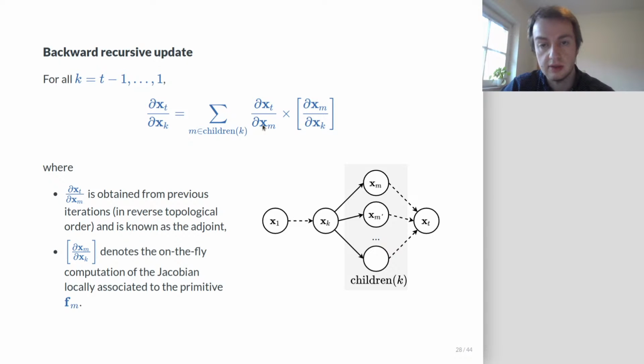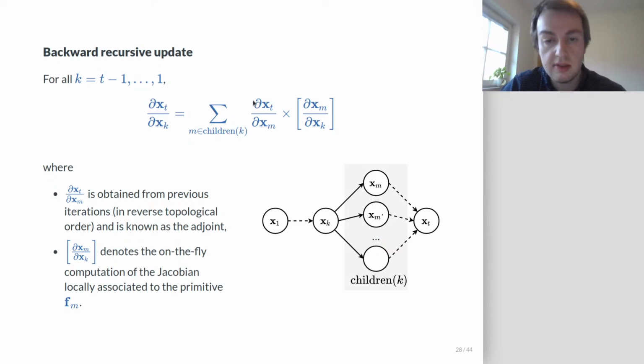Right. So it's the same as before, but in the other way around, basically. And again, we have some factors in this expression that are known from previous computations. Now these factors correspond to the Jacobians of xt with respect to the child xm, right? Which we obtain because we are traversing the graph in reverse topological order from the output back to the input, right?